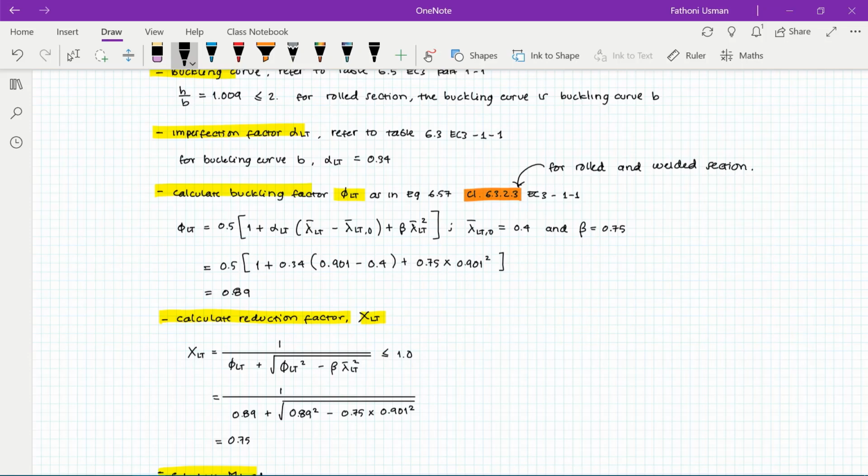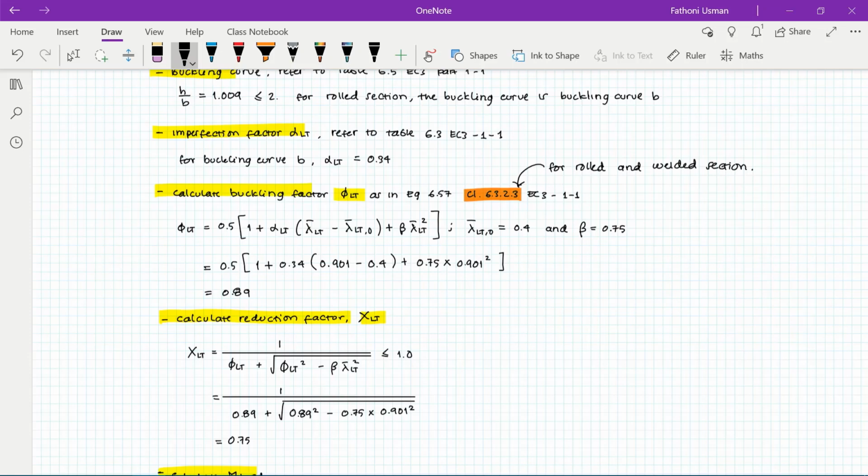the method for rolled and welded sections. So phi LT is equal to this expression, with lambda bar LT,0 equal to 0.4, and beta equal to 0.75.